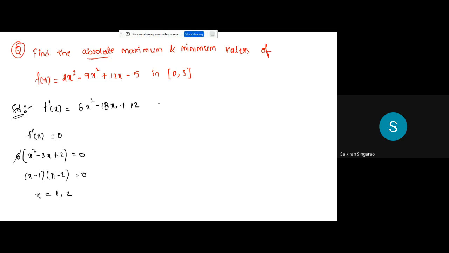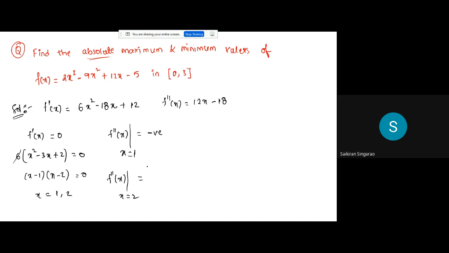So if this is f dash of x, what will be f double dash of x? The double dash of x would be 12x minus 18, right? So then I will check f double dash of x at x equal to 1. At x equal to 1, it is 12 minus 18. It's a negative value. So I am checking f double dash of x at x equal to 2.